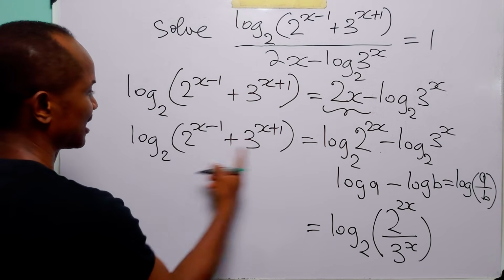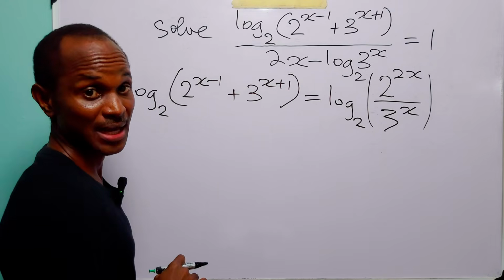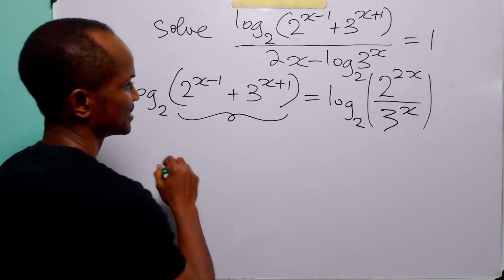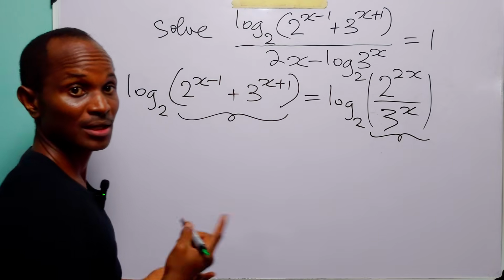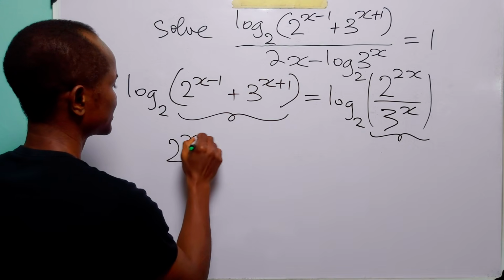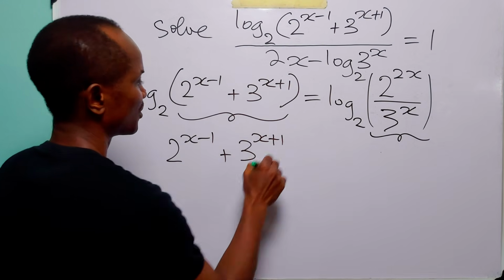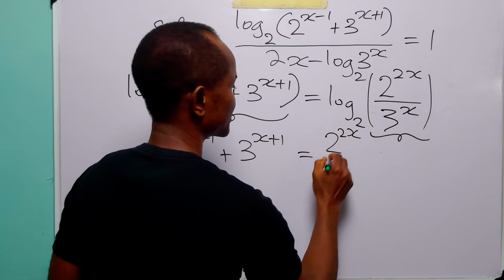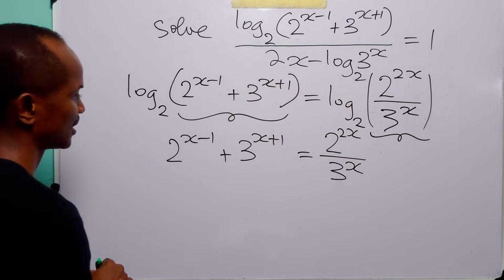And of course, the left hand side remains the same. And now when you look at this equation, you will see that log to base 2 of this is equal to log to base 2 of that, which simply means that 2 to the power x minus 1 plus 3 to the power x plus 1 is equal to 2 to the power 2x over 3 to the power x.